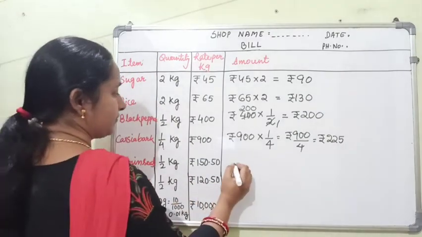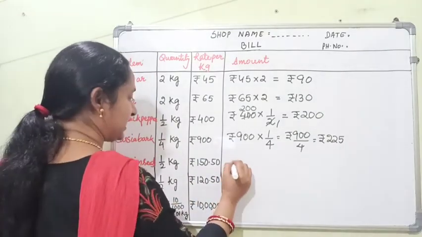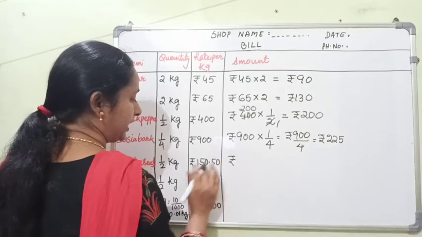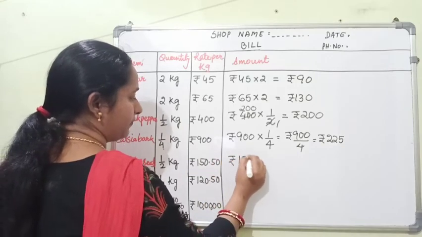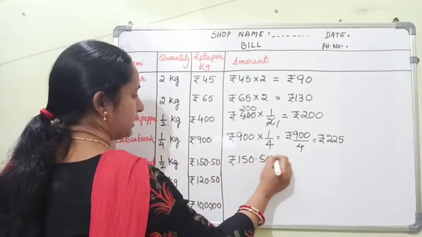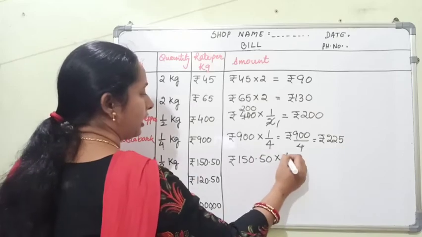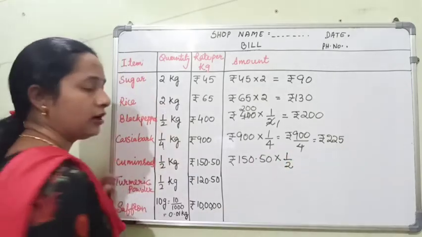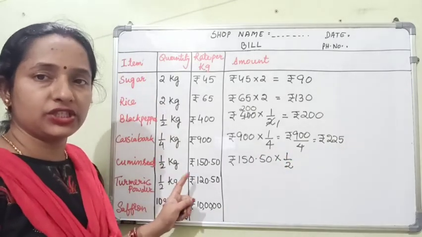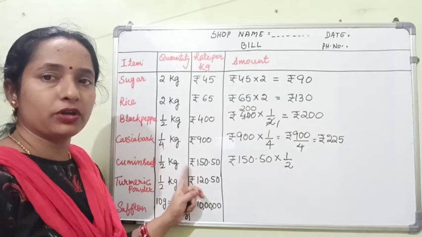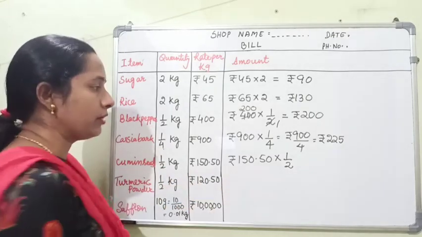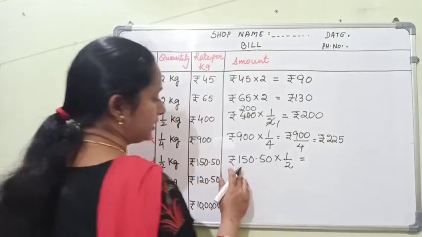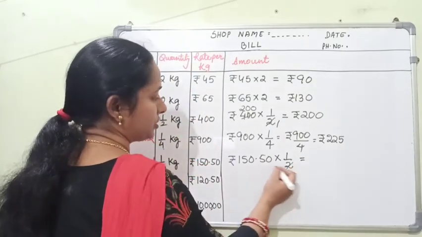Next, let us find the amount paid for cumin seeds. The cost per kg is 150 rupees 50 paise multiplied by half. So here half kg, she has bought half kg. So product of these two always will give you the amount paid. So here you will get how much. Do the cancellation.